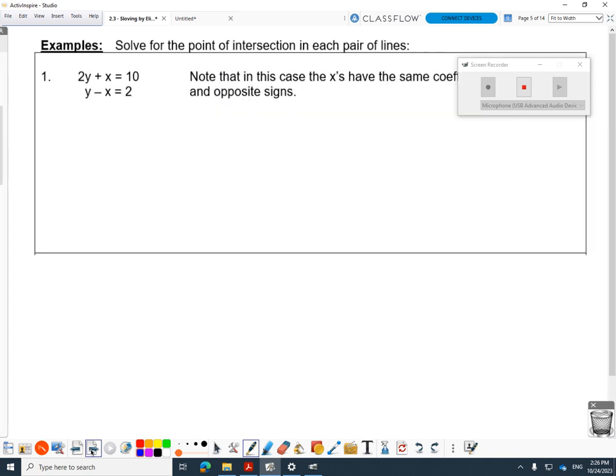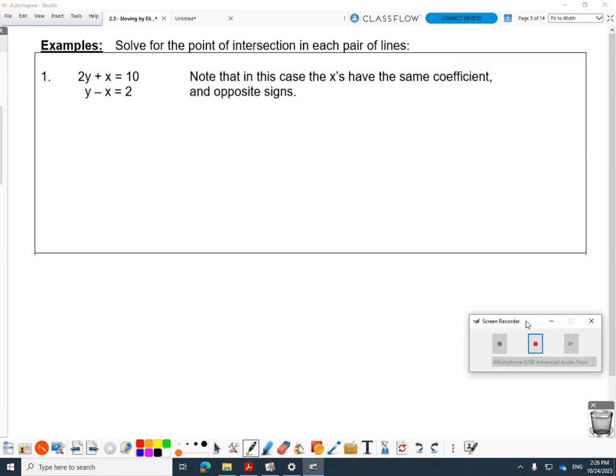Here we go. Level 1, starting question. For elimination, we want either the x's or the y's to be the same number but with opposite signs. Are the y's the same number but the opposite sign?